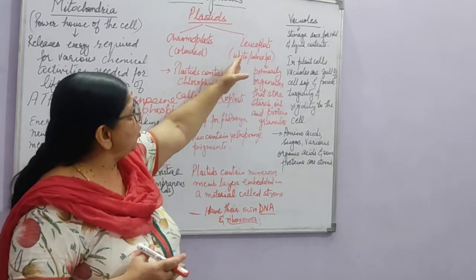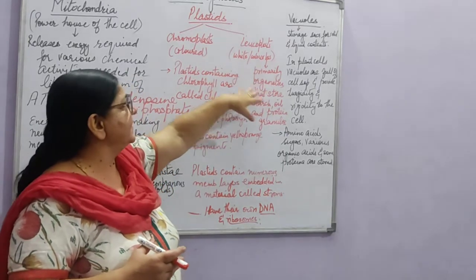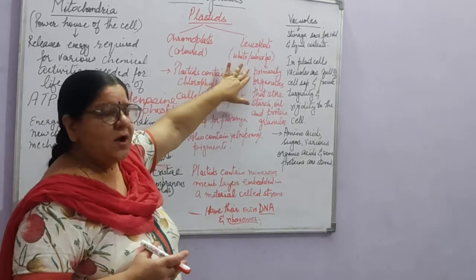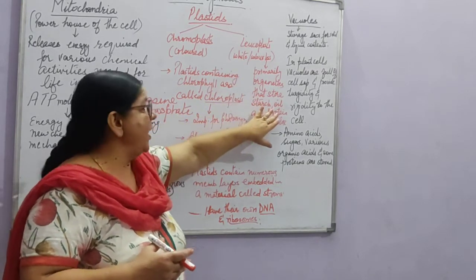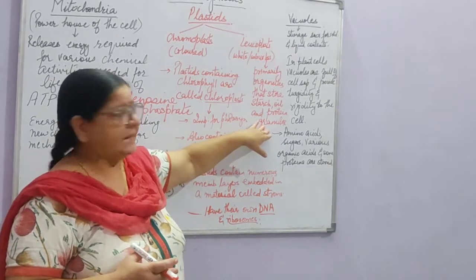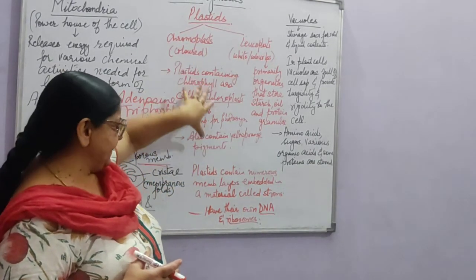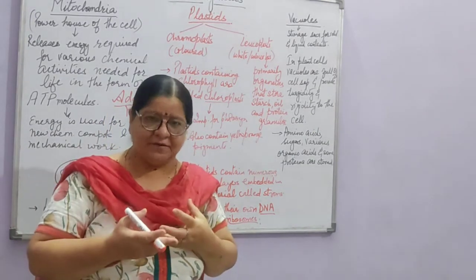These leucoplasts, that is the white or colorless plastids, are the primary organelles that store starch, oil and protein granules. These plastids are also membranous in structure.